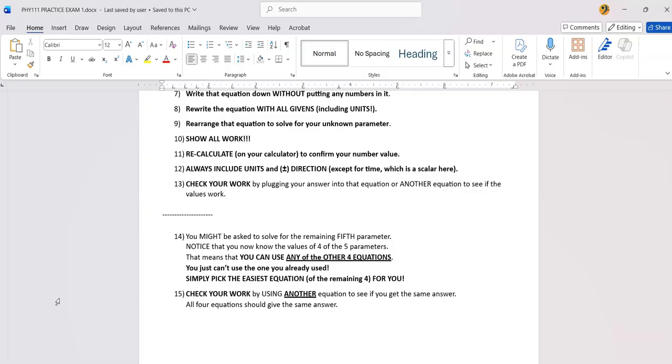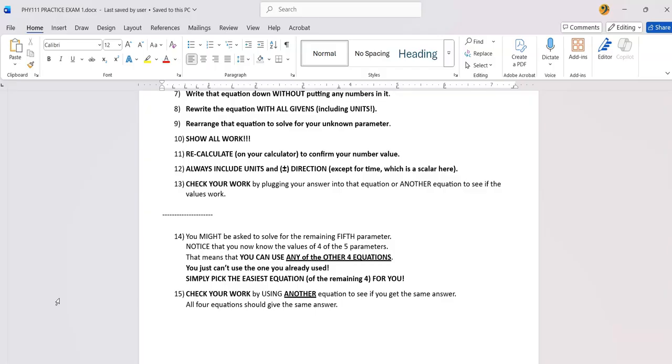The beauty of the 5th parameter is you can use any equation except the one you just used. So if you used equation number 2 to calculate your first problem, you can use equation number 1, 3, 4, or 5. In other words, anything but number 2. You just can't use the same equation twice.